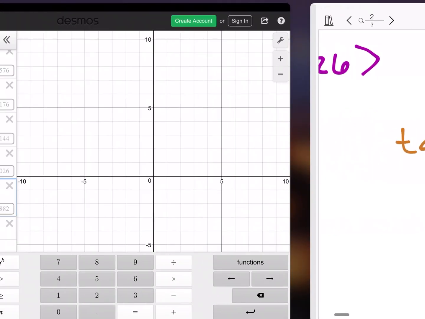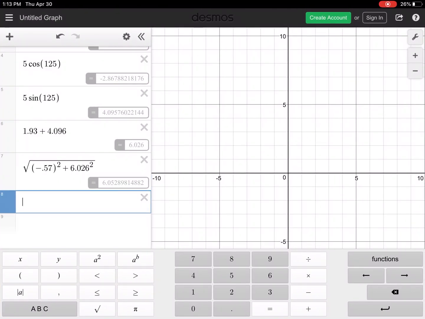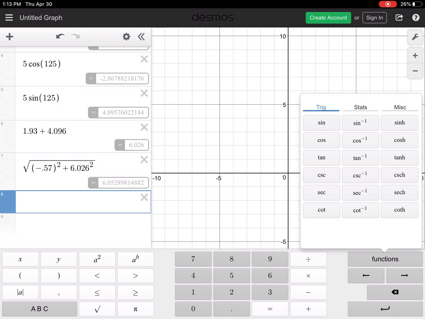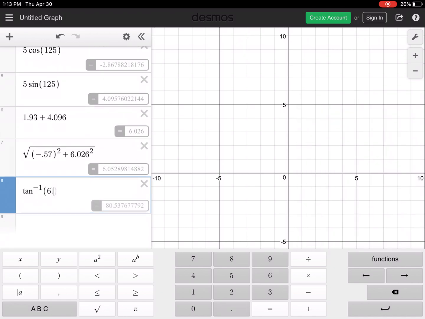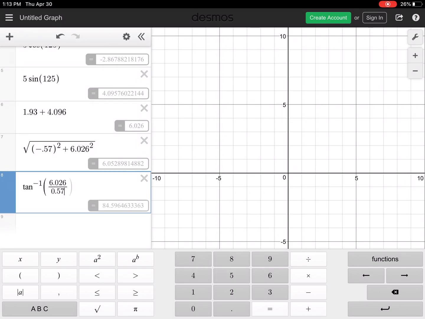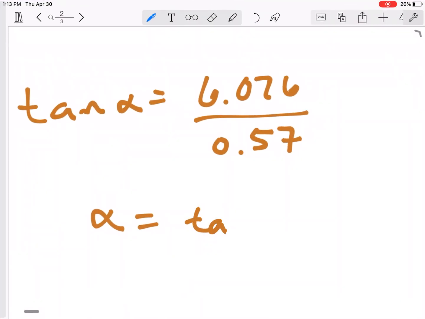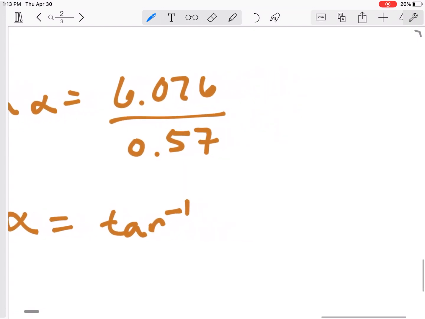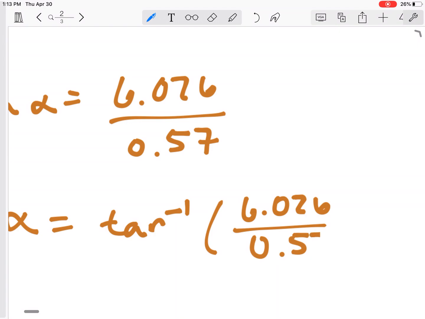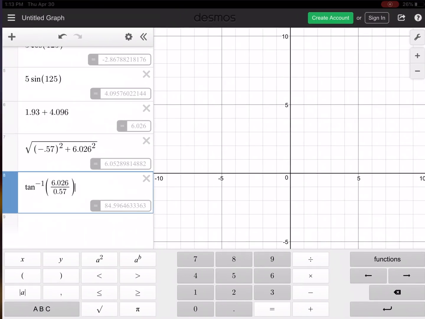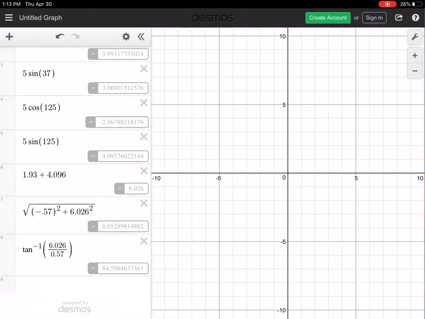Use our calculator again to figure out what tangent inverse of 6.026 divided by 0.57 will be. Gives us 84.6 degrees.